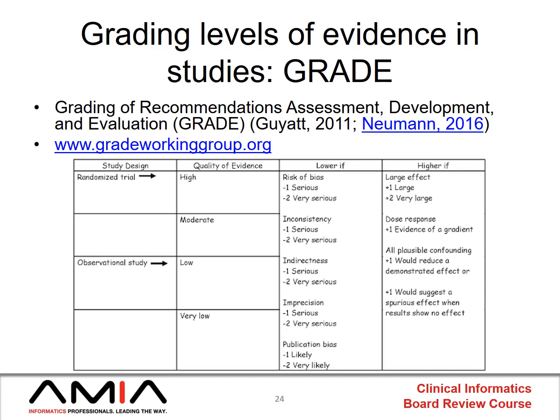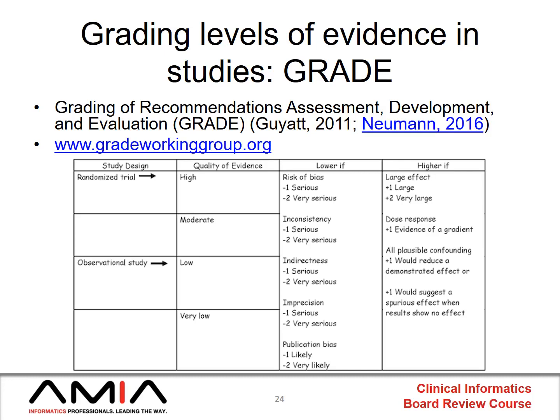There might be inconsistency in the results of studies going into the evidence, which would downgrade its quality. Also lowering the quality of evidence might be indirectness in terms of whether the study questions directly or indirectly address the clinical question at hand. Quality can also be lowered by imprecision or wide confidence intervals, as well as likelihood of publication bias.